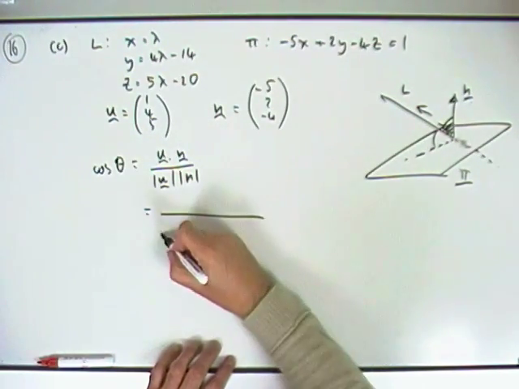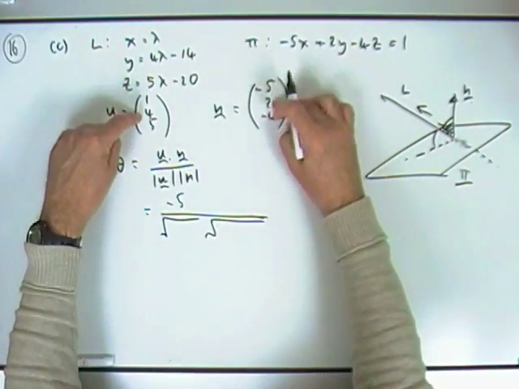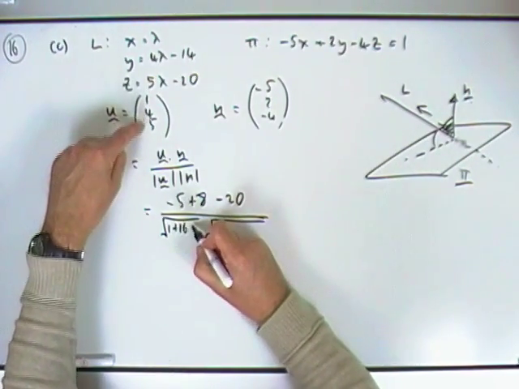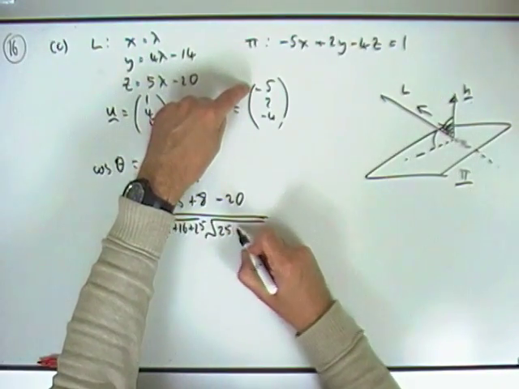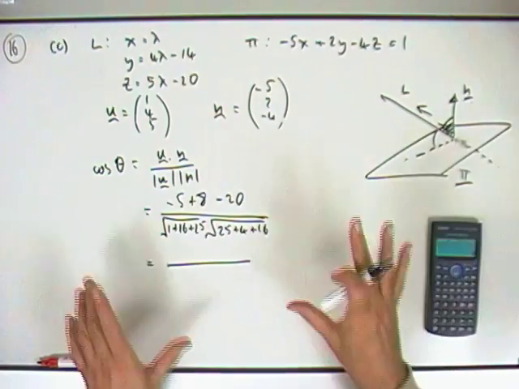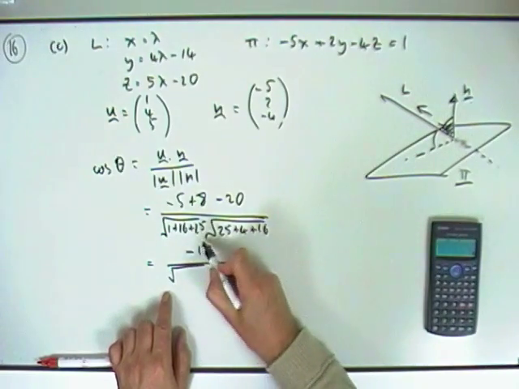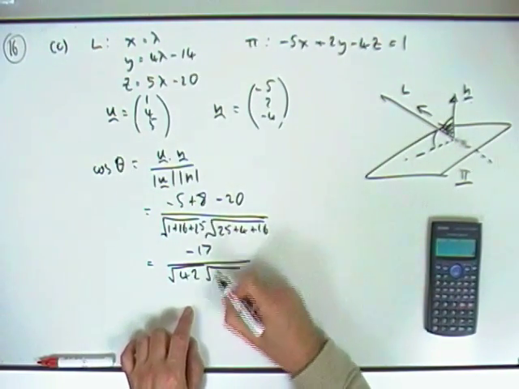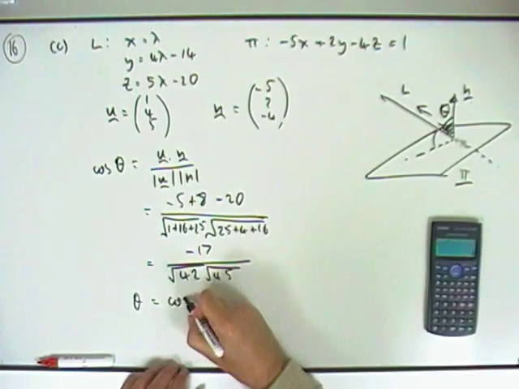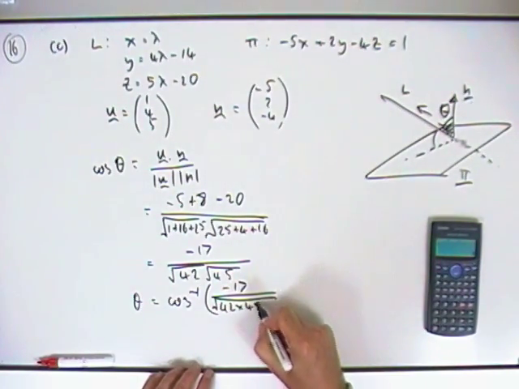So it's going to be -5 plus 8 minus 20 over root of 1 plus 16 plus 25 times root of 25 plus 4 plus 16, which is -17 over root 42 root 45, which means theta, not the angle I want, is going to be the inverse cos of -17 over root 42 times 45.